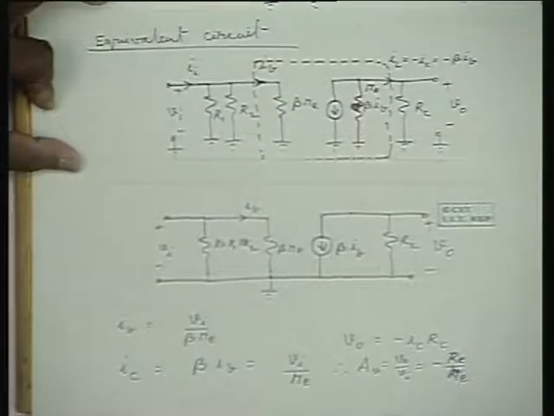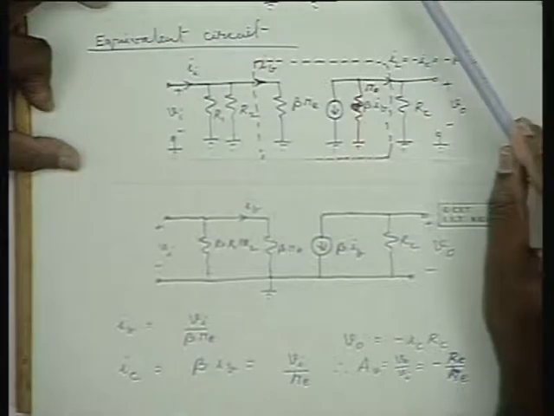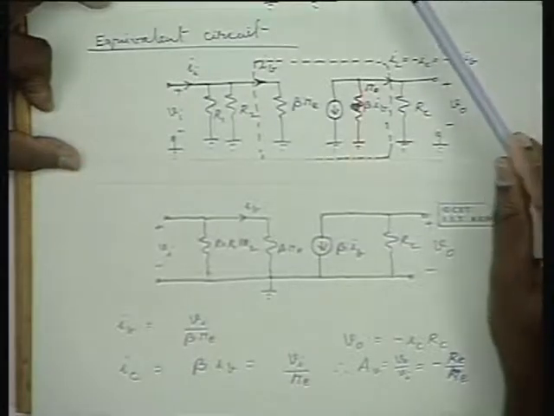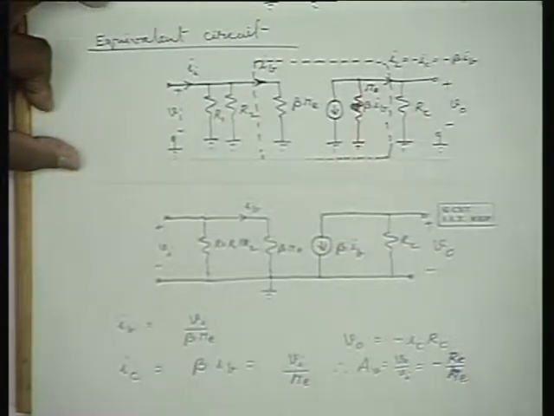As an example, if RC is 5 kilo ohms and re is about 10 ohms, you will get a voltage amplification of minus 500.